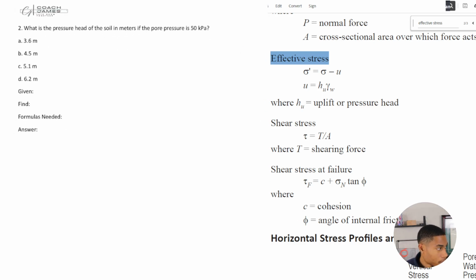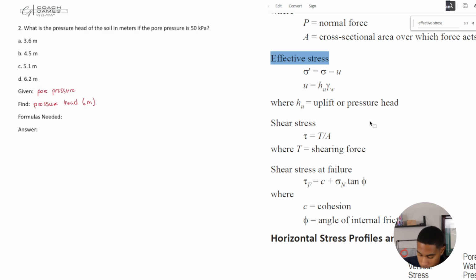Number 2, what is the pressure head of the soil in meters if the pore pressure is 50 kPa? Okay. So what information are we given? We're given the pore pressure, right? We're trying to find the pressure head of the soil in meters, right?